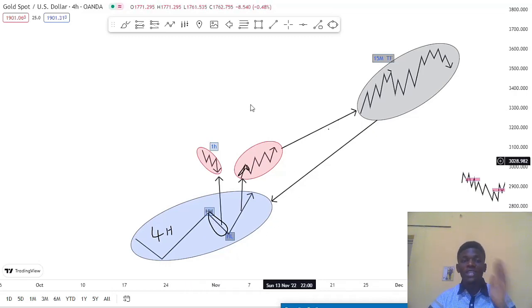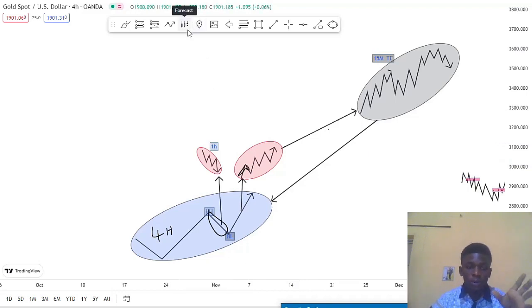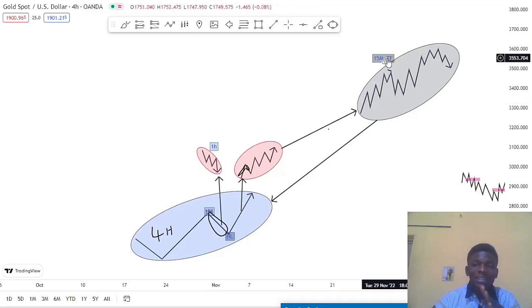Please, I want to give you a time frame correlation. If you're considering the 4 hourly time frame, get used to 15 minutes, preferably. If you're using the 4 hourly time frame as your structural time frame, make sure your entry time frame is 15 minutes.